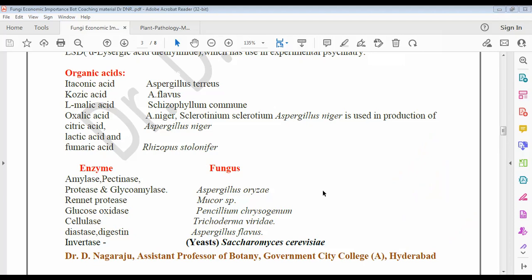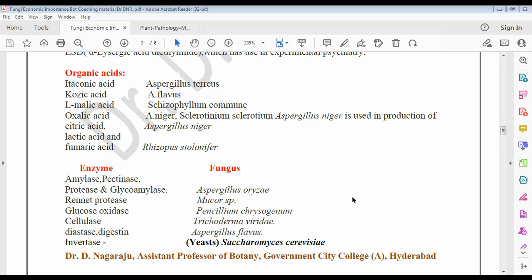And cellulase is also one of the best products we use nowadays in delignifying wood, detaching the cellulose layer and separating cellulose from plant sources.